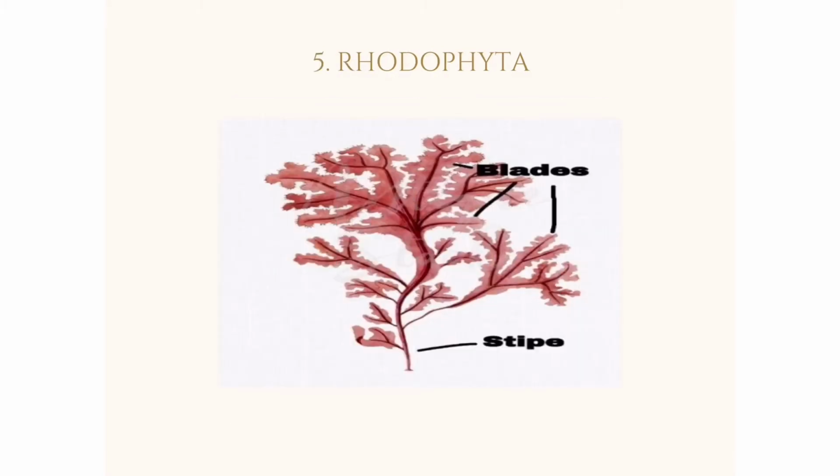And then the last illustration that we have is the RHODOPHYTA, which is better known as the red algae. As you can see, the structure is very comparable to the brown algae, in that it is also in the form of seaweeds. I took this form of red algae for simplicity, as there are so many.